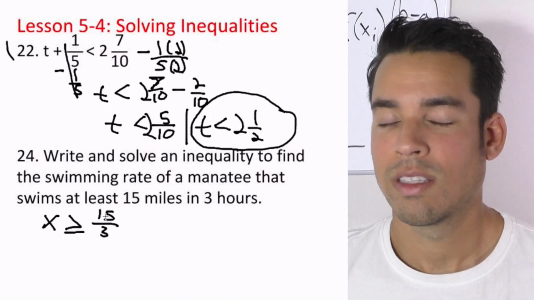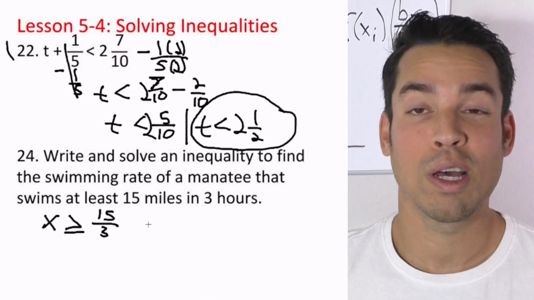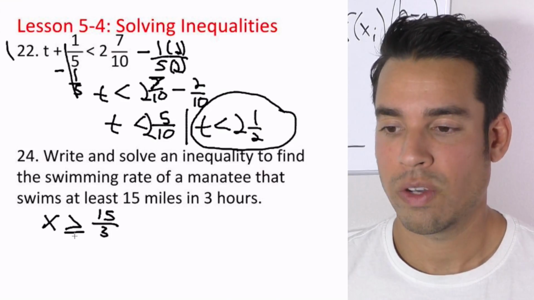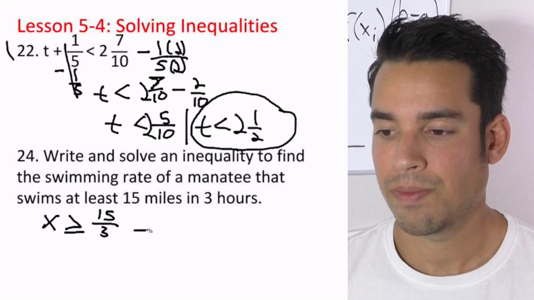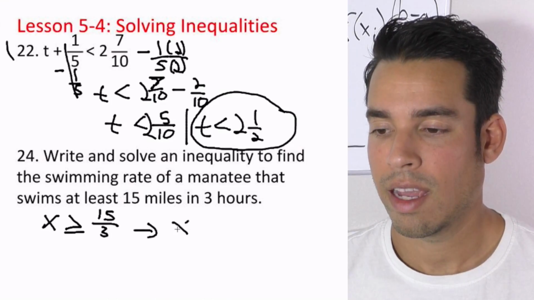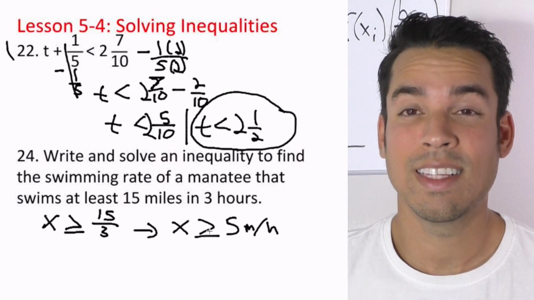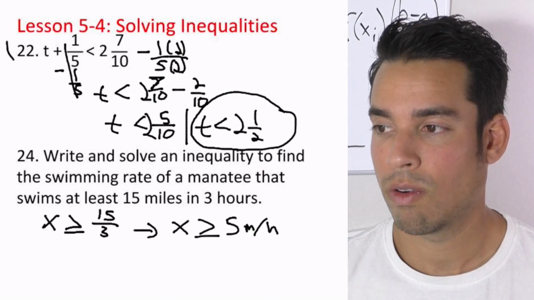Just like if we were doing 60 miles in 1 hour, that's 60 miles per hour. So x is greater than or equal to 15 divided by 3. X is greater than or equal to 5, and we could say miles per hour, right? And that's his rate. He's at least swimming 5 miles per hour.